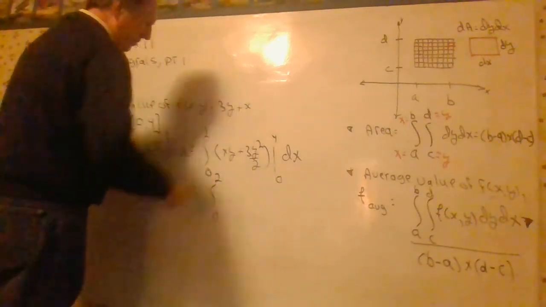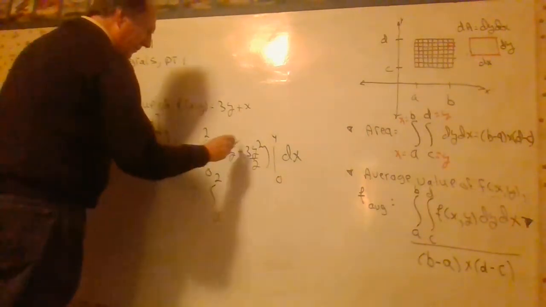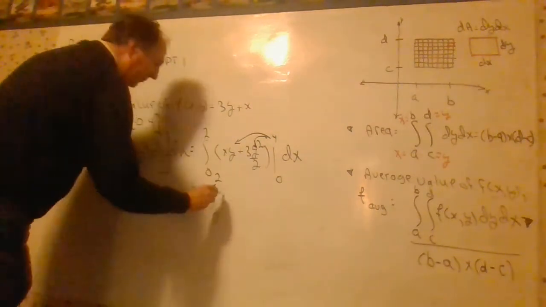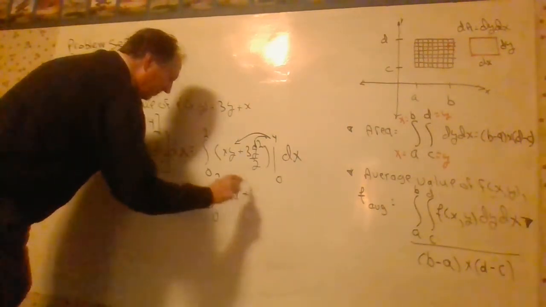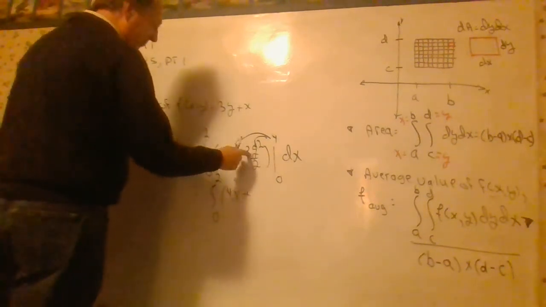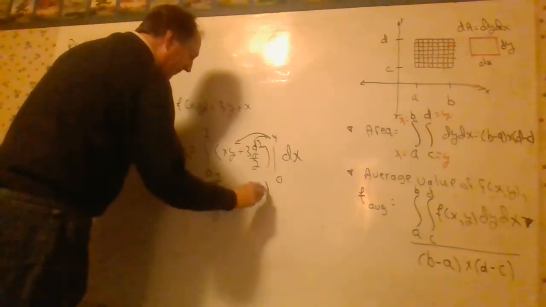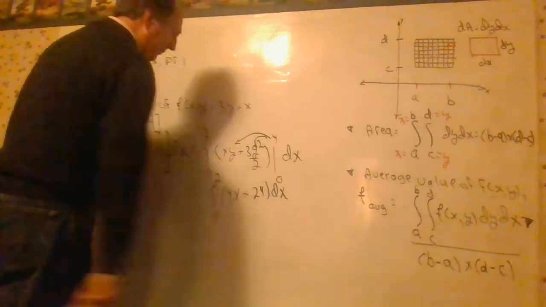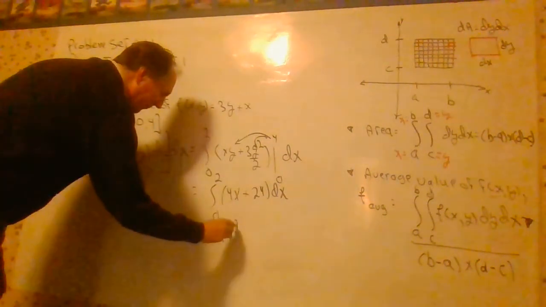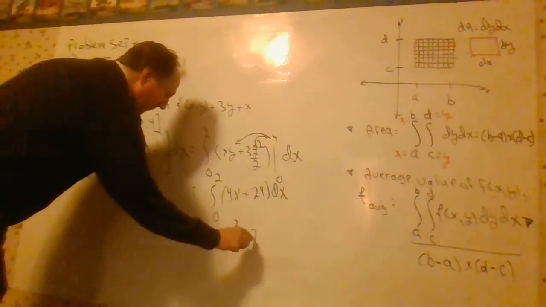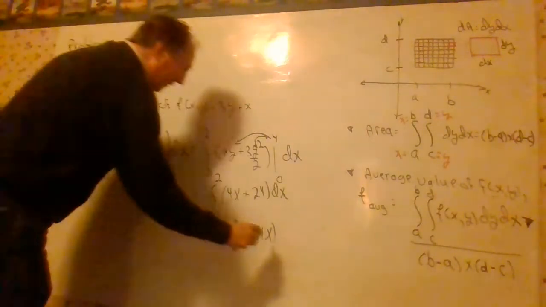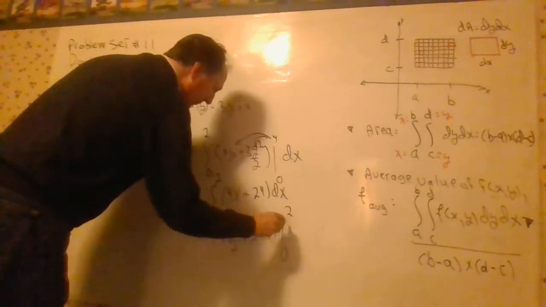You can plug in 0, but that's just 0. So plug in a 4. This 4 gets plugged in right there and right there. So you get 4x plus 16 over 2 is 8 times 3 is 24, dx. And this gives you 4x squared over 2 plus 24x. And that's from 0 to 2.